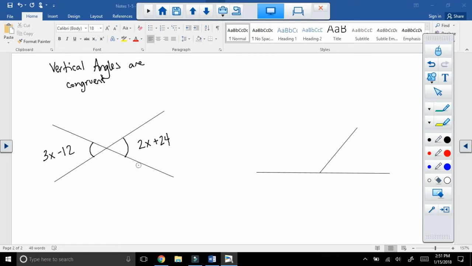And I wanted to solve that for x. Well, congruent just means that they're equal. What I'm going to do is set those two things equal to each other, and then I can solve it.